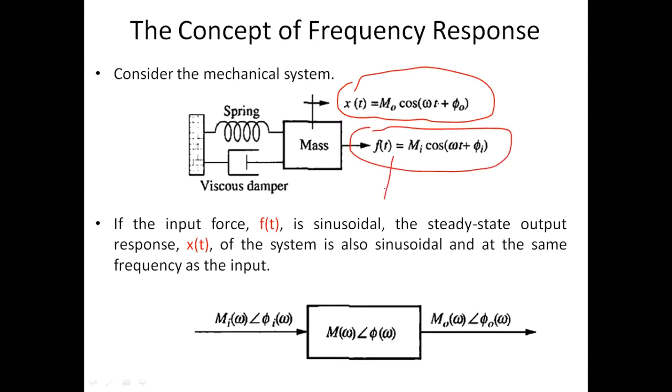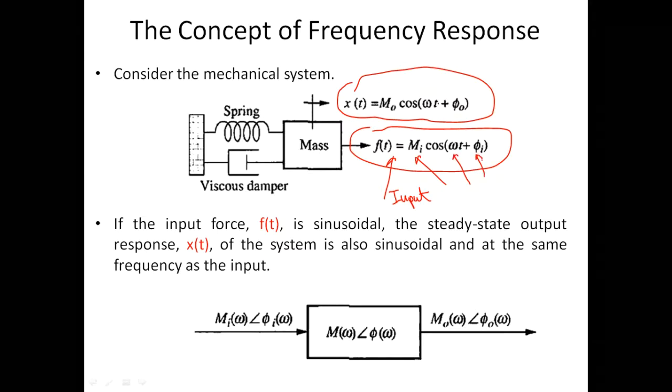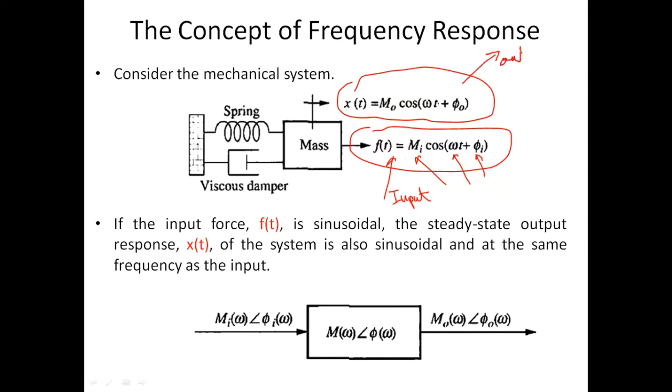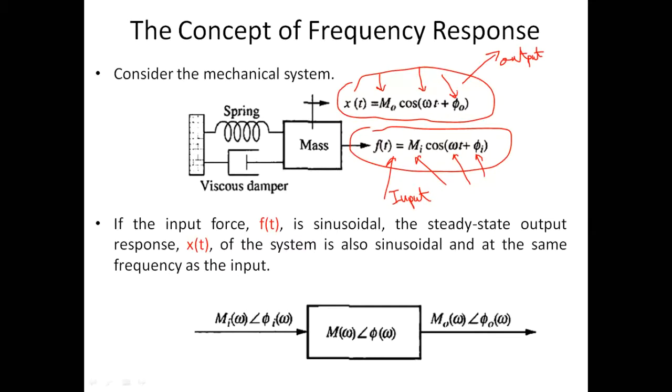This is the input, and this input has amplitude Mi, frequency omega, and phase angle phi I. The displacement now is the output, and this displacement has an amplitude Mo, the same frequency, and a different phase angle.